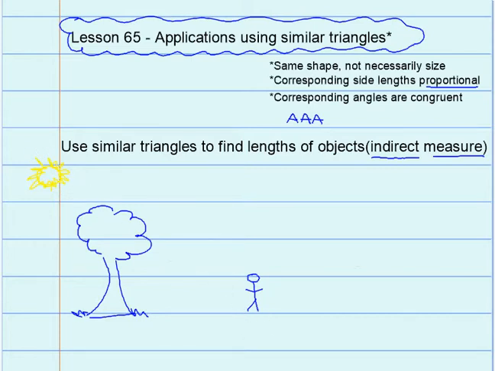What's going to happen is we're going to get some shadows on the ground. So let's say the tree's shadow goes out to here. That's the length of the shadow, and your shadow is this long.